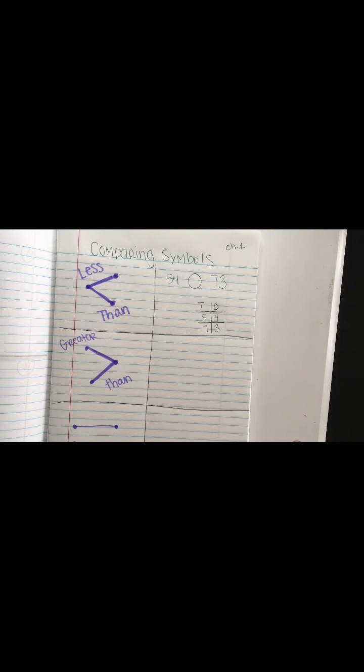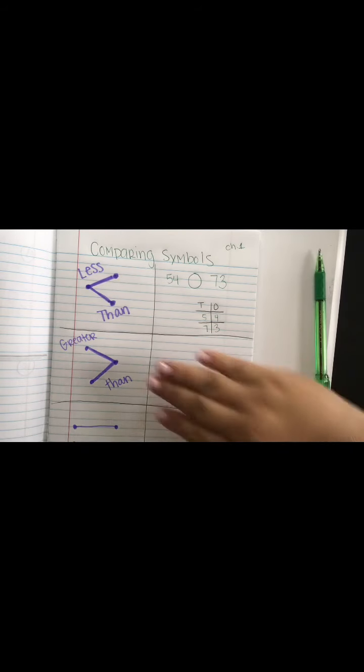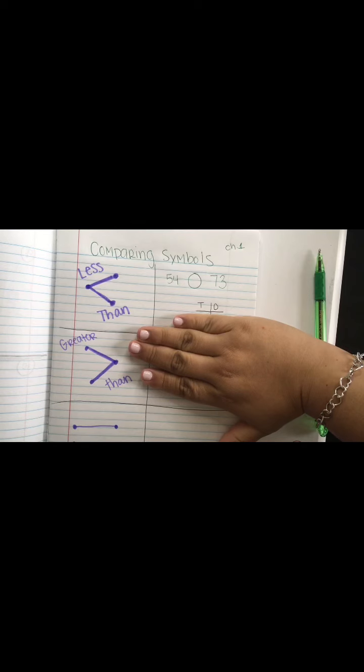So when we compare numbers, we're always going to compare numbers in our greatest place value. Now, I know when we're adding or subtracting, we always start in our ones, but when we're comparing numbers, we're always starting in our greatest place value. So we're not looking at the numbers here. We're just looking at the place value. We have tens and we have ones.